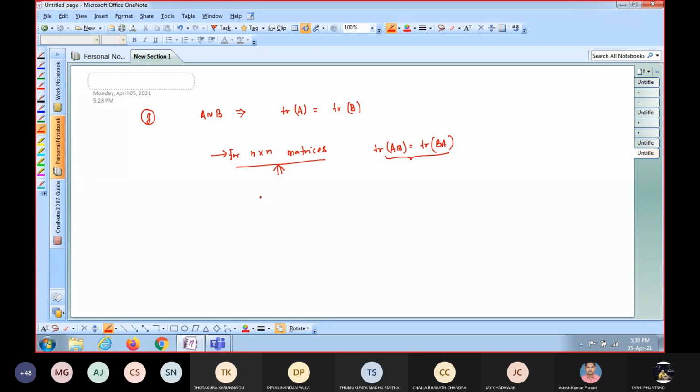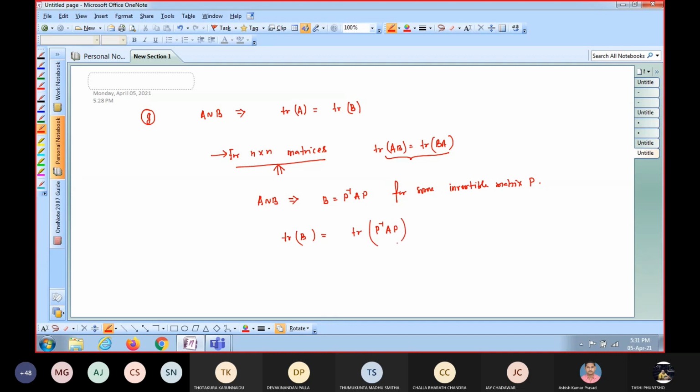Now what we have, I have A is similar to B, then this implies B is equal to P inverse AP for some invertible matrix P. Now, see, trace of B is nothing but trace of P inverse AP, right?